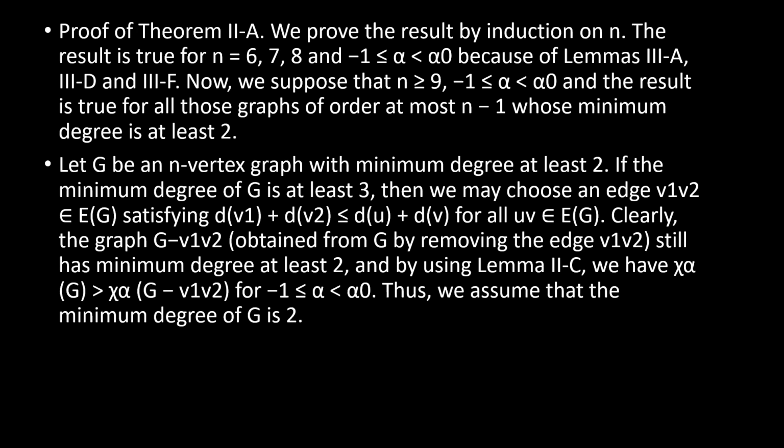Clearly, the graph G − v1v2, obtained from G by removing the edge v1v2, still has minimum degree at least 2, and by using Lemma 2c we have Xα(G) > Xα(G − v1v2) for −1 ≤ α < α0. Thus we assume the minimum degree of G is 2.